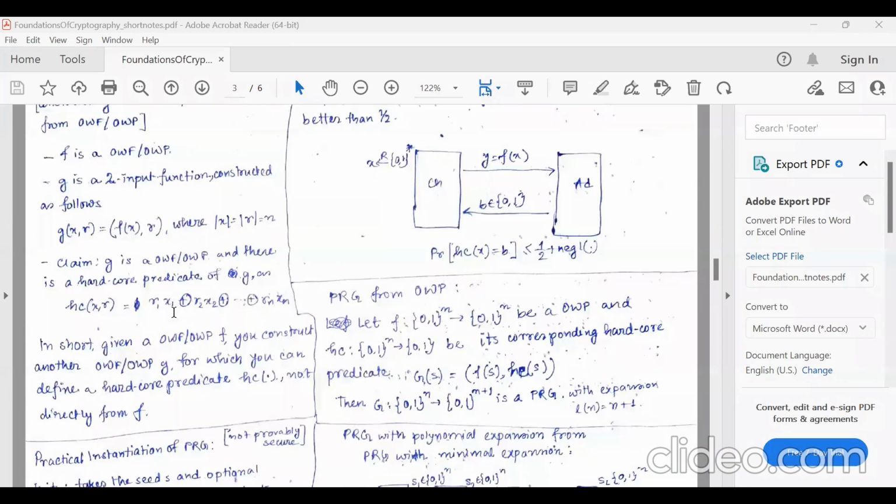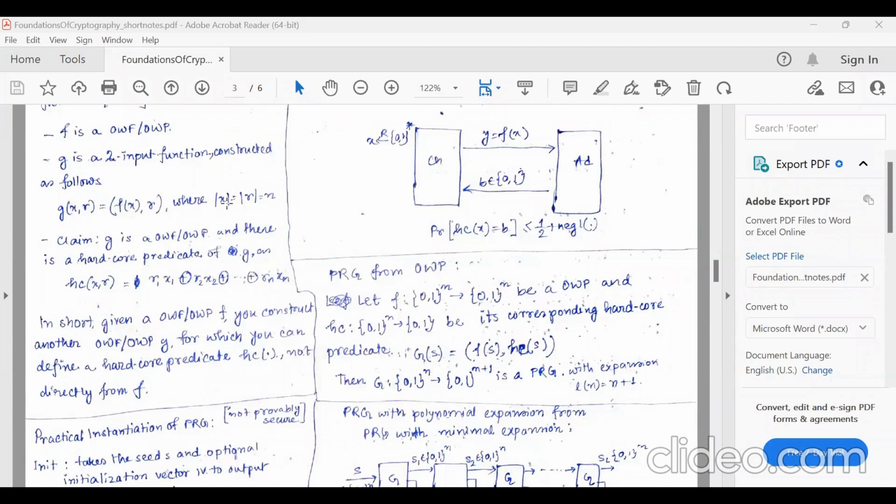Now, once you get a hardcore predicate from OWF, you can also proceed to constructing a PRG from an OWP. This construction is like this: you are provided with some OWP f, mapping an n-bit input binary string to an n-bit output string, and a hardcore predicate for this function f.